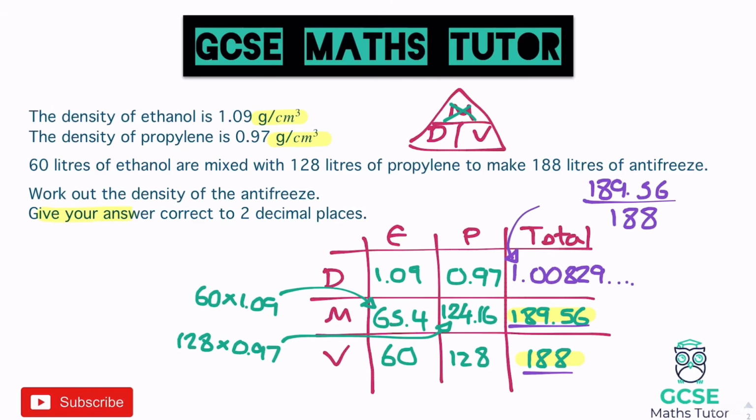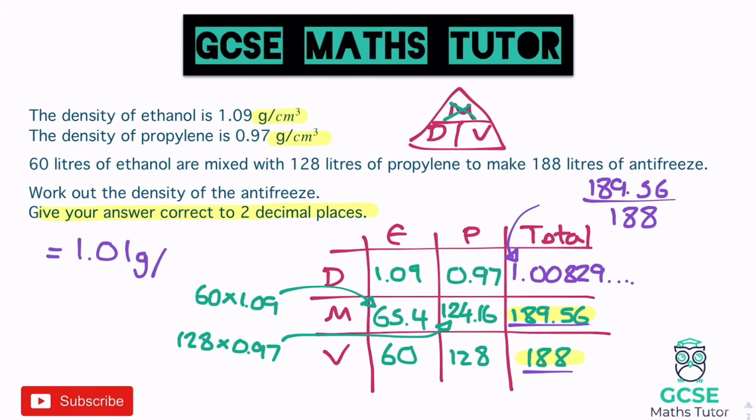So we want to give your answer correct to 2 decimal places. So if we chop that after the second 0 there, we've got an 8 afterwards, so our answer would be 1.01. There we go. And in terms of our units here, that is in grams, which is our mass, per centimetre cubed, and that is our final answer for that question. Obviously keeping our answer in centimetre cubed, as we used our densities as centimetre cubed in this particular question.